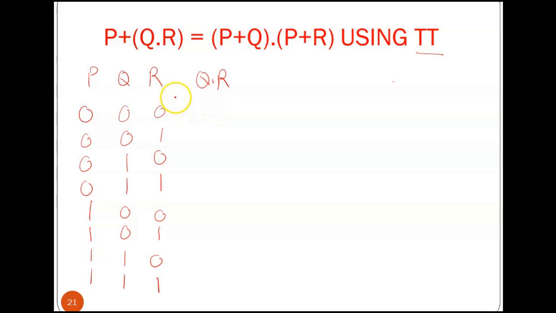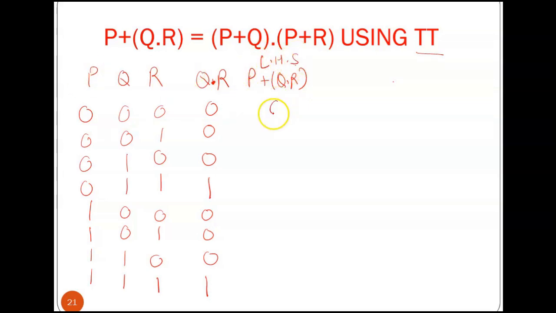This is AND, which means both should be true. So 0, 0, 0, and here we have both 1. Then 0, 0, 0, here we have both 1. Then P plus Q dot R, and this will give you the LHS. So P and this, if any one is true, plus sign, 0 plus 0 is 0, 0, 0, 0, then 0 plus 1, 1, 1, 1, 1.